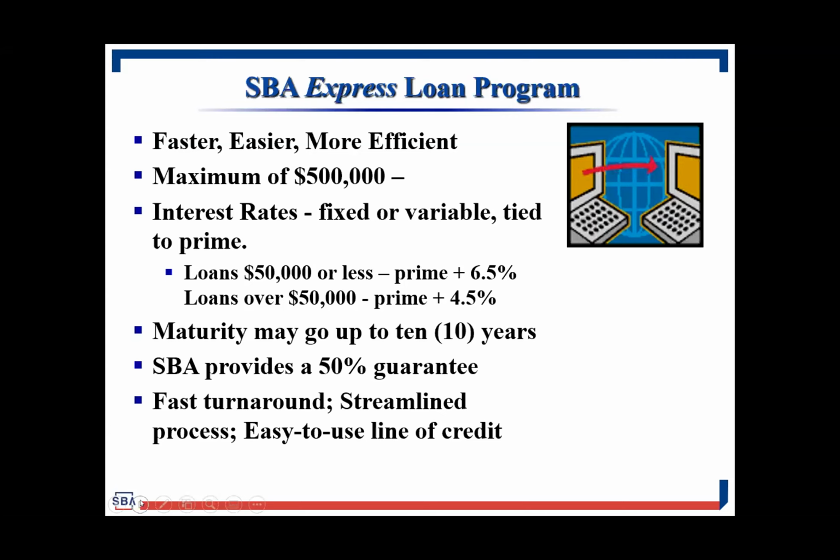Generally, the maturity is 10 years, and it comes with SBA's 50% guarantee to the lender. We've streamlined the process, and we have approved express lenders that you can use. And as I mentioned earlier, this loan can be used as a line of credit.